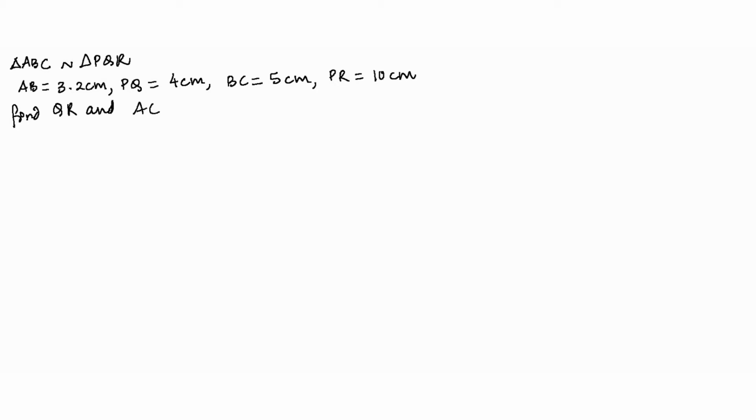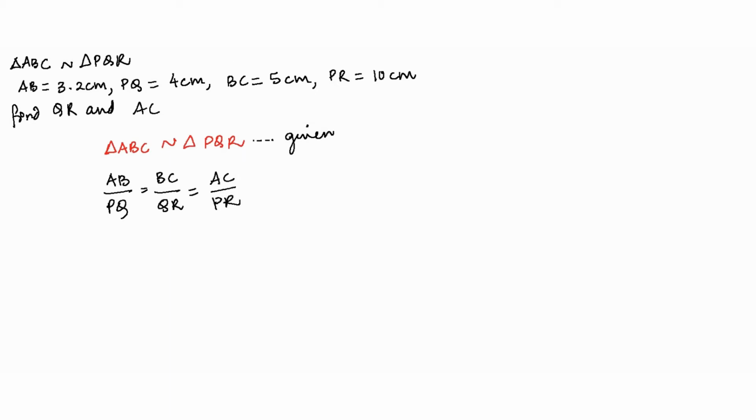Okay, so let's see how to go about this particular problem. I know that triangle ABC is similar to triangle PQR. This is given to me, right? And because the two triangles are similar, I can say that the ratio of the corresponding sides AB upon PQ is equal to BC upon QR, which is equal to AC upon PR, right?